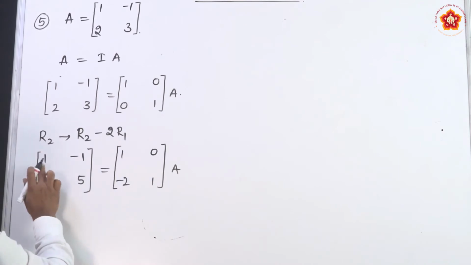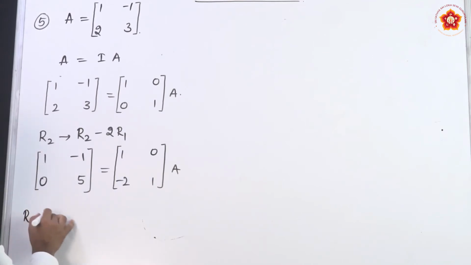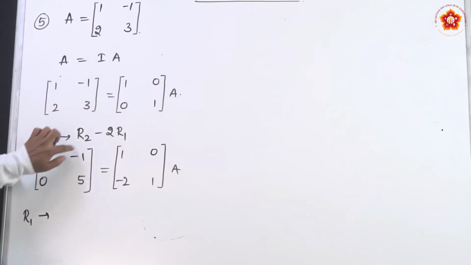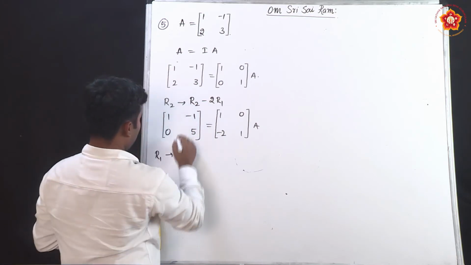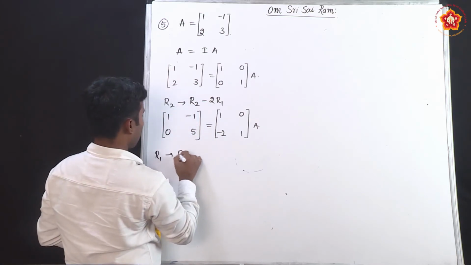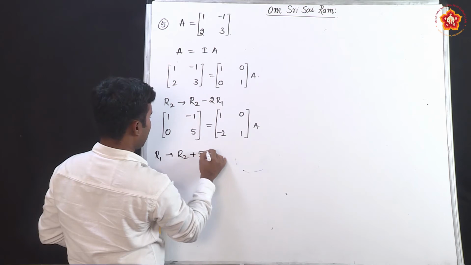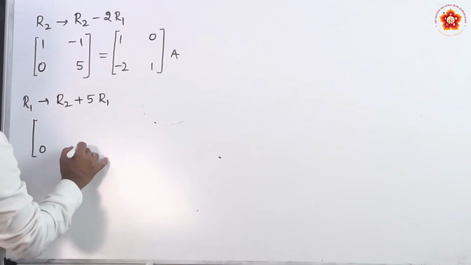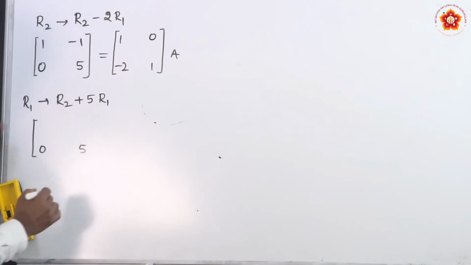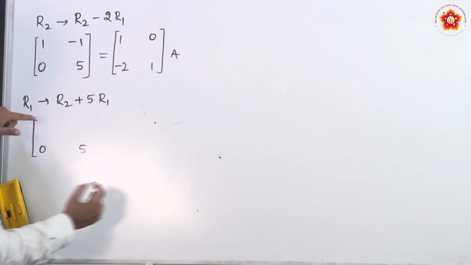So, next here R1, see R1, now I want to make this element 0, look at the corresponding element is 5, here already minus is there. So, I want to multiply this with 5 and I can add with R2, then it will become 0. So, R2 plus 5 times R1. Okay. So, now R2 is as it is 0, 5, first you write that, otherwise it will get confused for you.